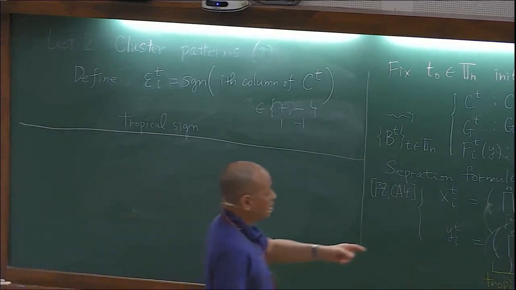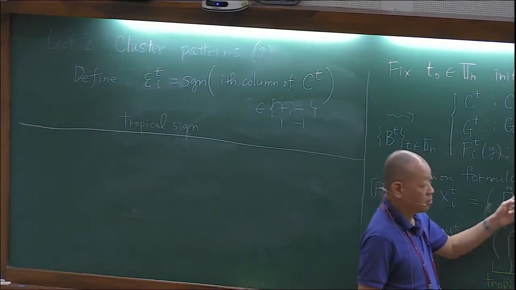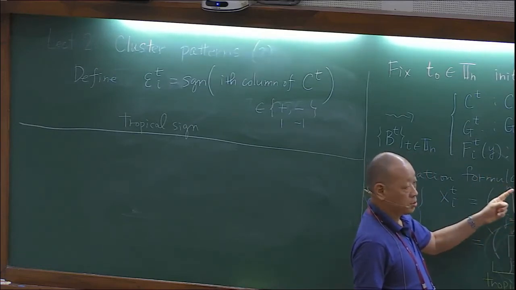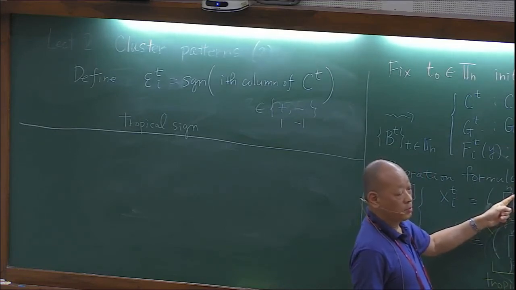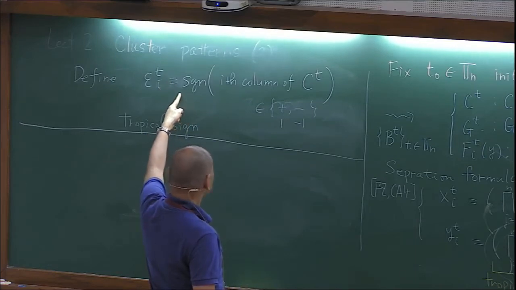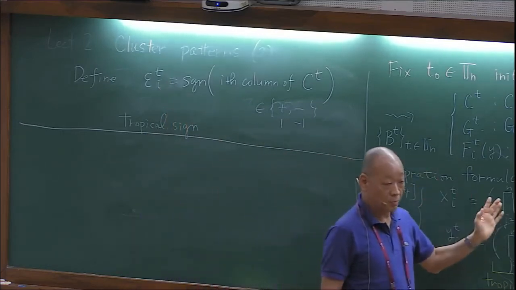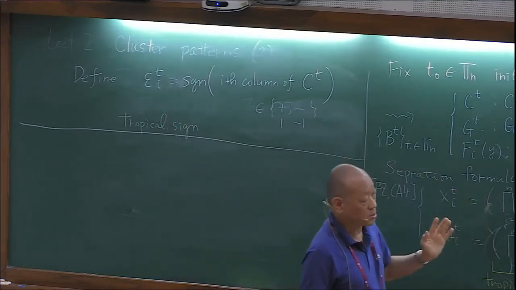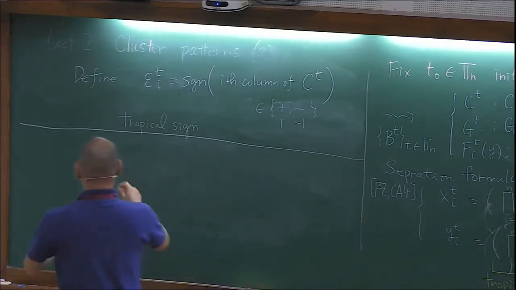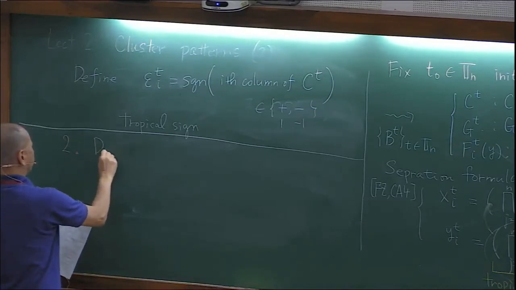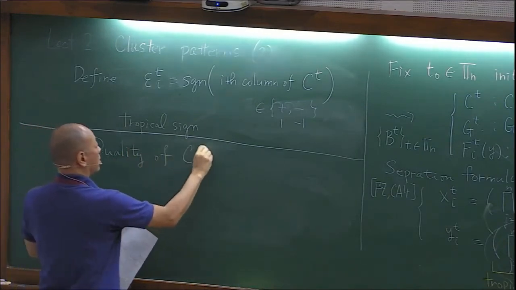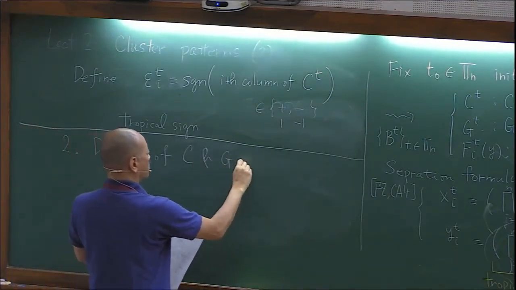So next I'm going to explain the duality of these things, which is not clear at all in the original definition of mutation. But having this tropical sign, then duality becomes manifest. So what I said is that duality is a consequence of sign coherence, and that I'm going to explain. C and G matrices.